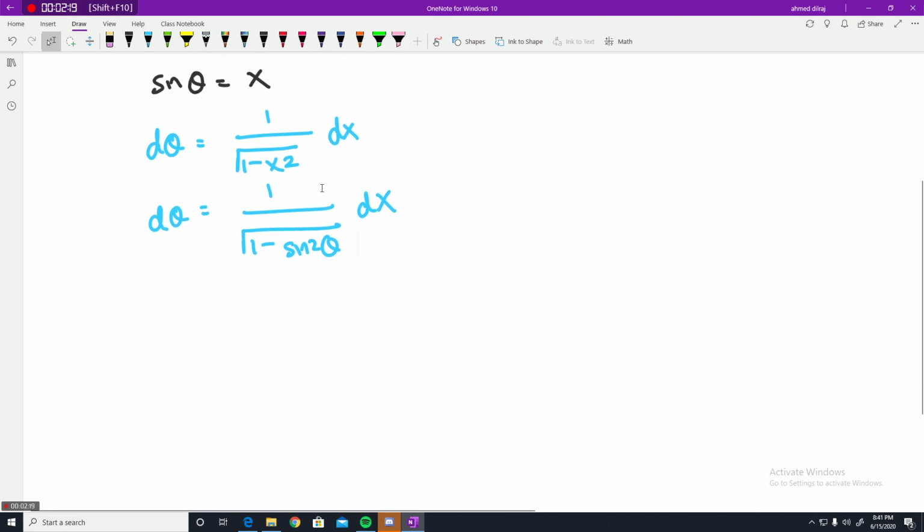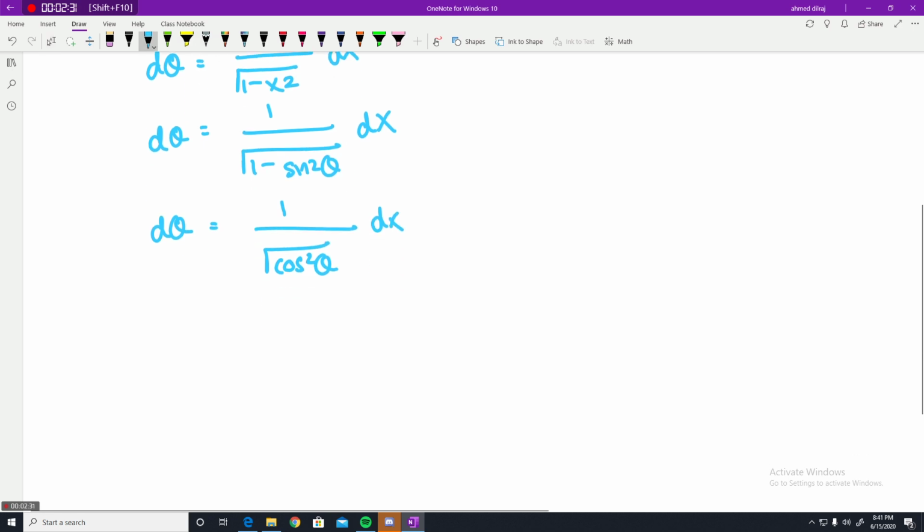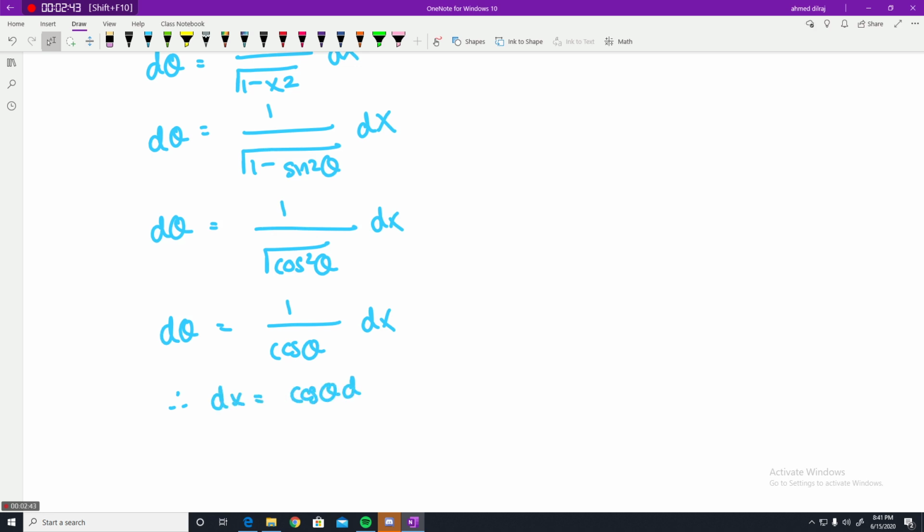Now by our trigonometric properties, 1 minus sine squared of theta becomes cos squared of theta. So this is square root of cos squared theta, and the square root of cos squared theta ends up being cos theta, so d theta equals 1 over cos theta dx. Therefore dx is equal to cos theta d theta.